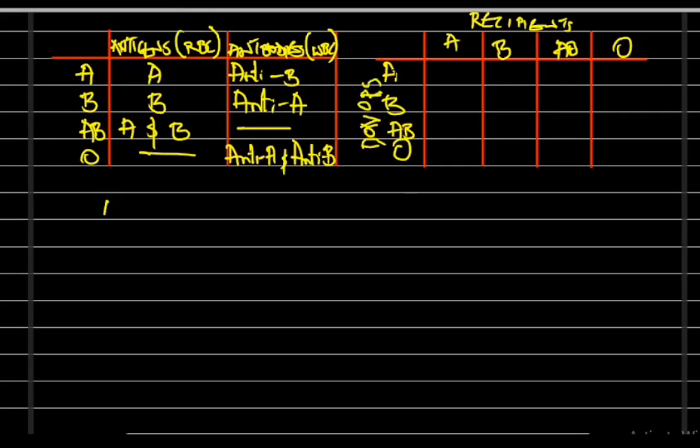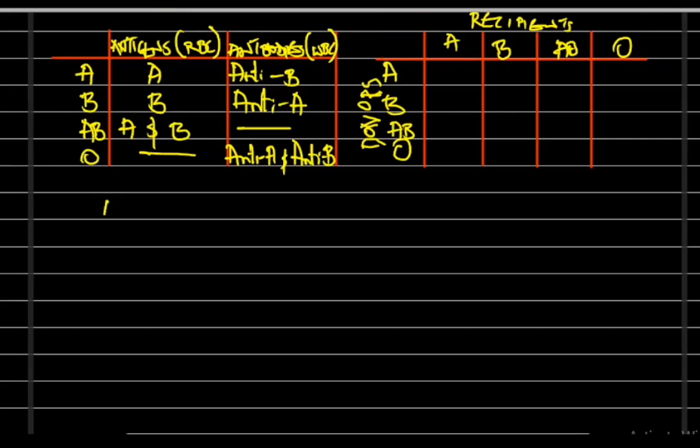So A can donate to A because A has antigen A, and that is what A needs. So it can donate to A. The A that is donating has antigen A, and the A that is receiving is against B, not against A. So it can actually take blood from it.